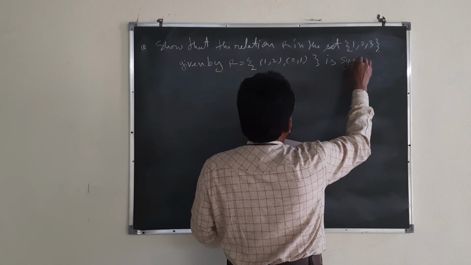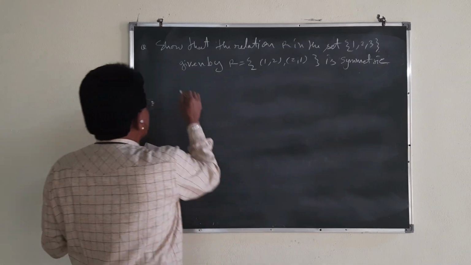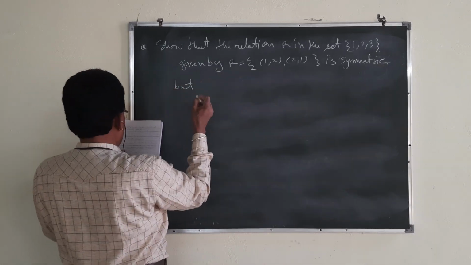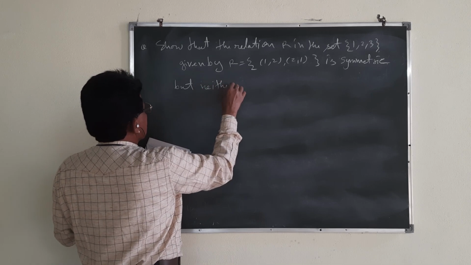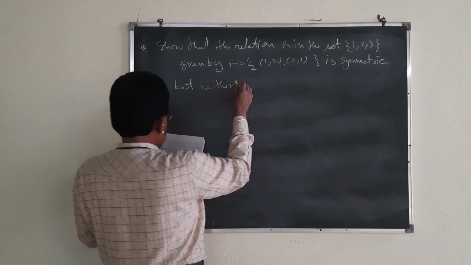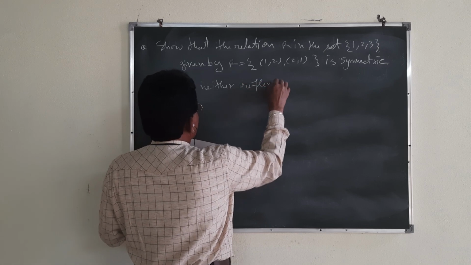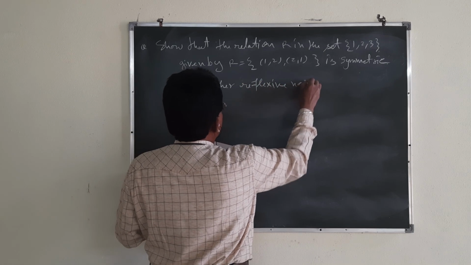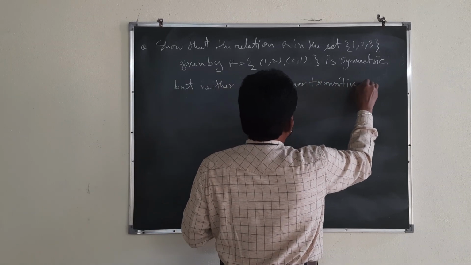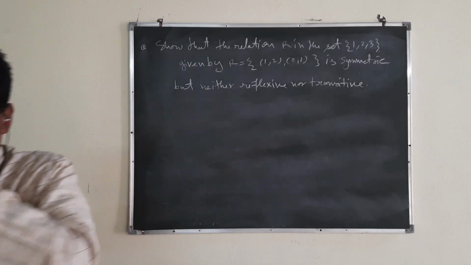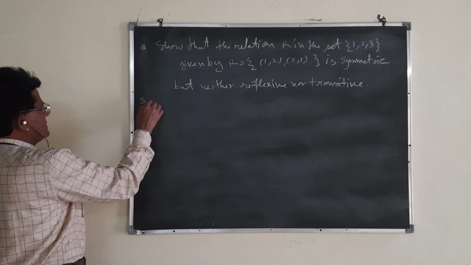See, dear student, that is a very important question. Symmetric, but neither reflexive nor transitive. Same kind of example I generated yesterday. Dear student, you see the solution of this question.